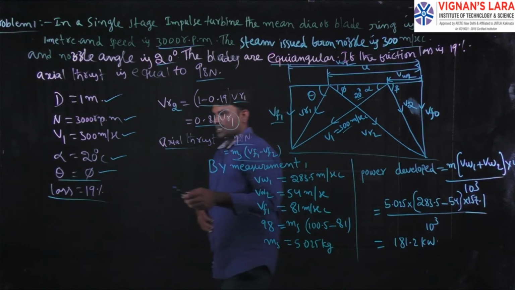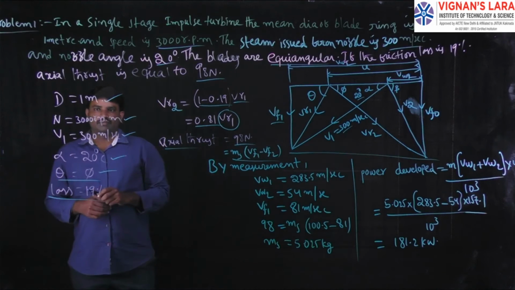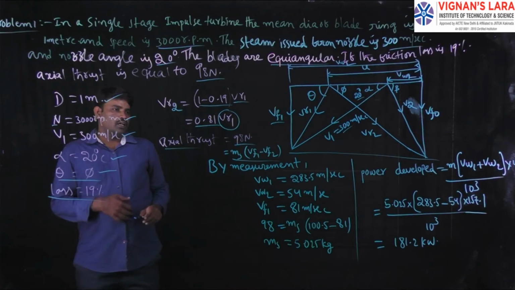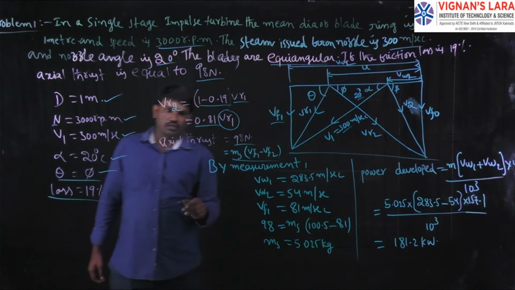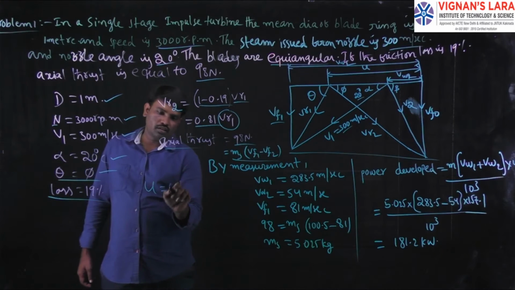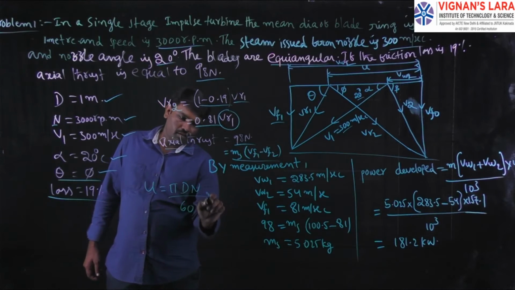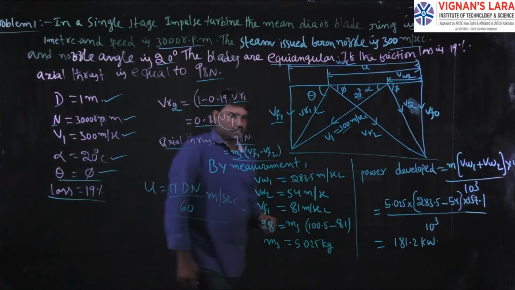Theta is equal to phi, we can draw, and the rpm N value is given, and this U value you can also calculate, that U is equal to pi D N by 60 meter per second. Pi D N by 60, this is very important.